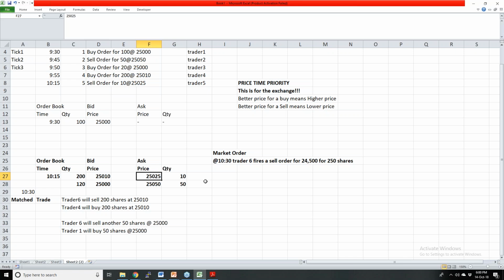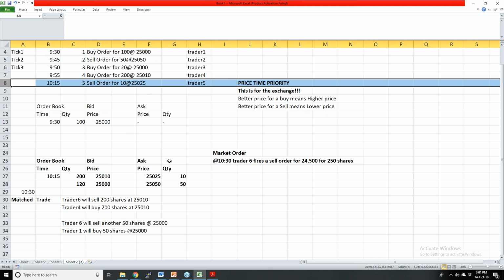But obviously there's a balance between getting an inferior price if you hit a market order versus the probability of getting executed. So this trader 5 placed an order at 25,025. If the market is crashing, it's quite possible that trader 5 does not get a fill. So there's always this conflict.